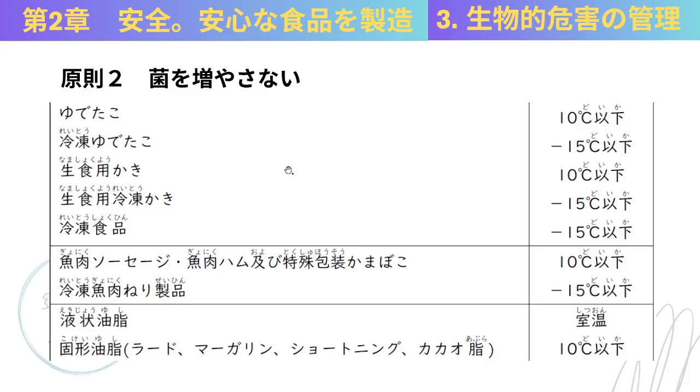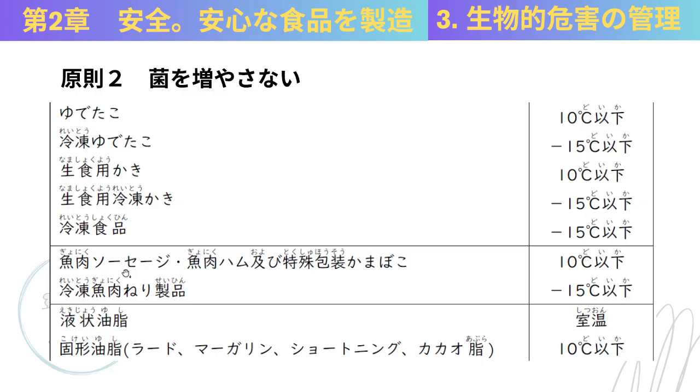Kaki, clam. We need to store it at 10 degree. About cooling clam, it is about minus 15. All of the cooling product, Zeto Sokuino, is about minus 15 degree.